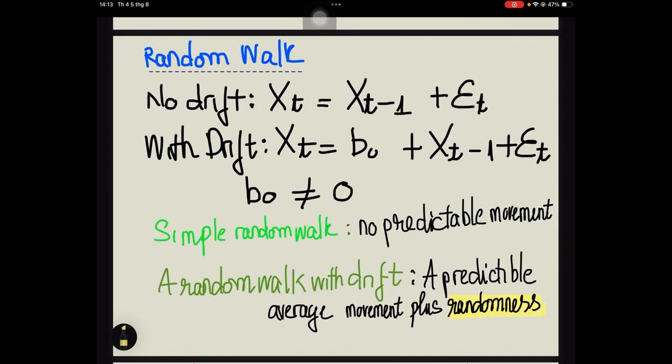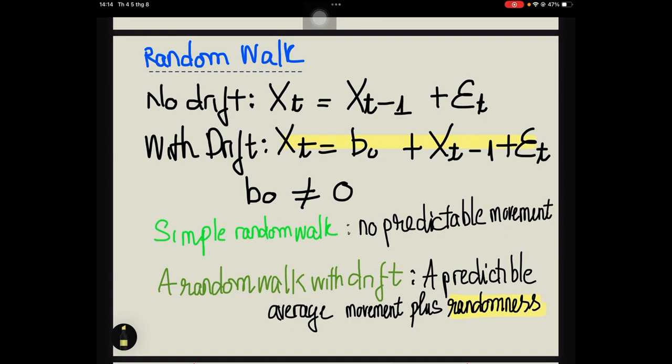Now, sometimes random walks include a predictable direction. This is called a random walk with drift. The equation becomes x_t equals b_0 plus x_(t-1) plus epsilon_t. The difference is the constant term. The drift term creates a systematic upward or downward movement.